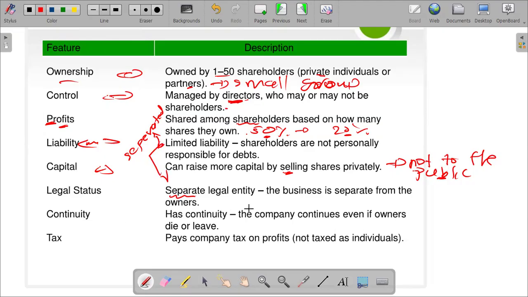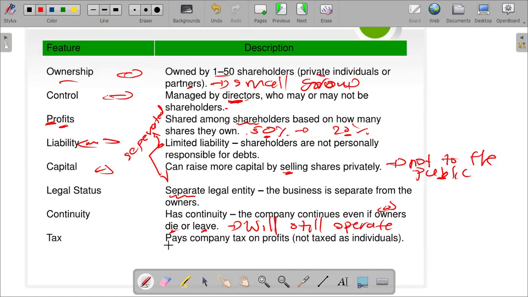And then continuity, a private company has continuity. It means that even if someone dies or leaves the company, the business will still operate after the owner or the shareholder dies or leaves the company.